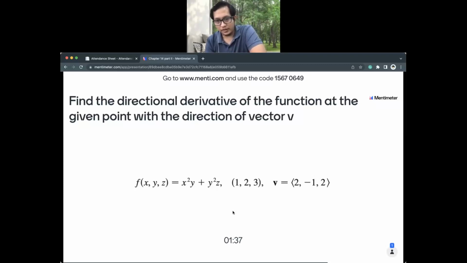Don't forget to use the unit vector. Okay, unit vector. The number is actually quite good. If you calculate, it should be a good number.